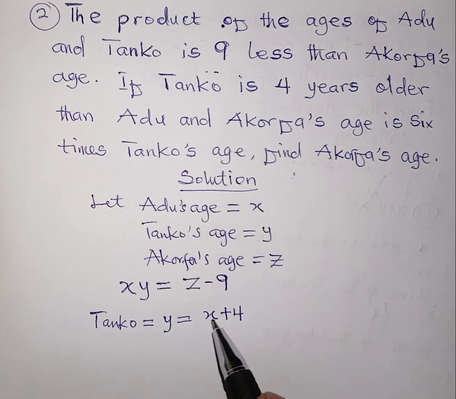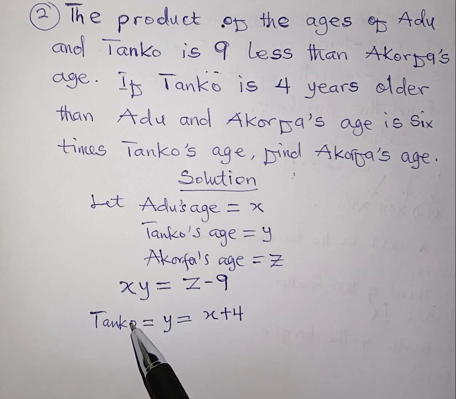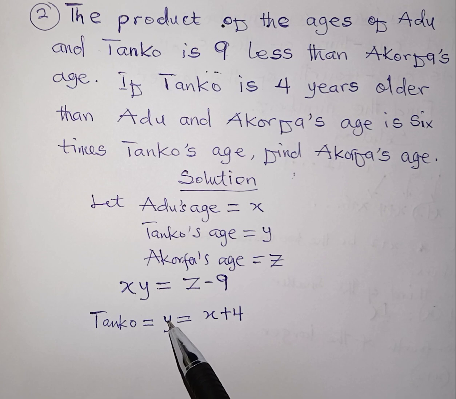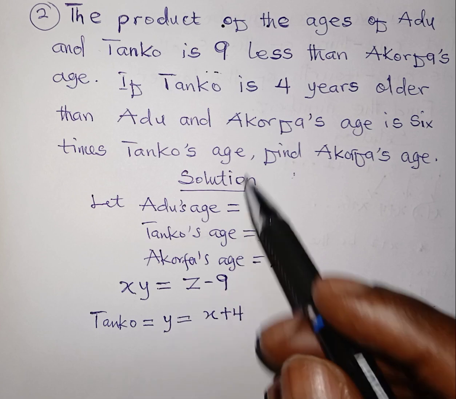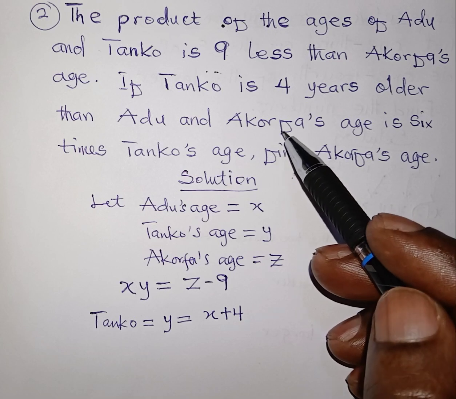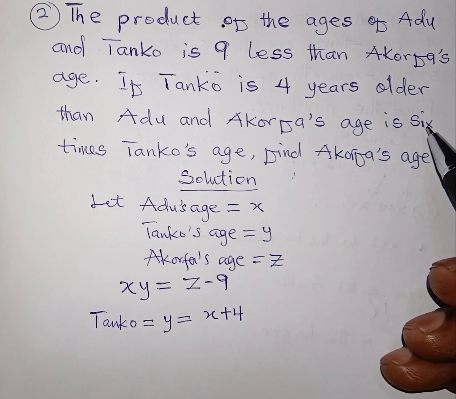So it means Tanko is older than Edu by how many years? 4 years. So if you add 4 years to Edu's age, that will give you Tanko's age.